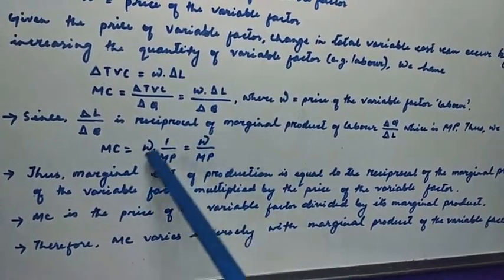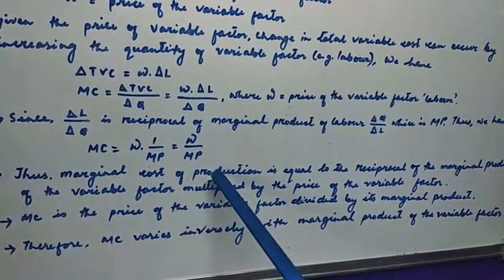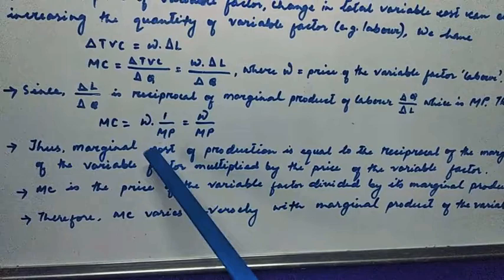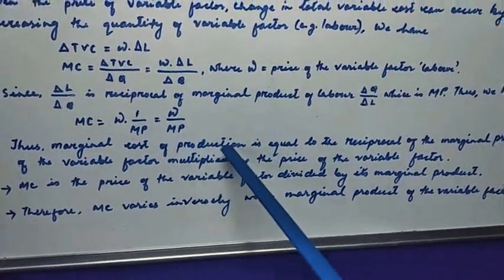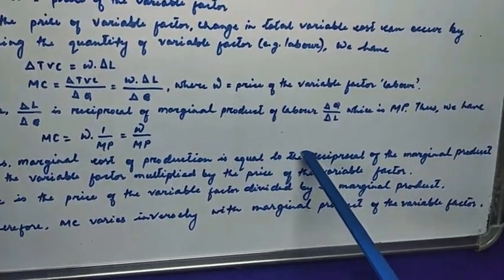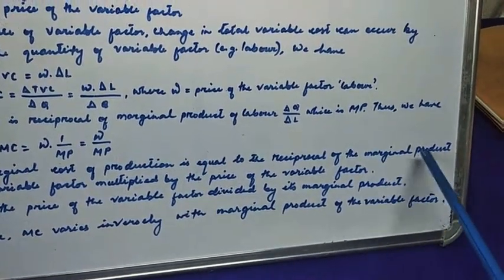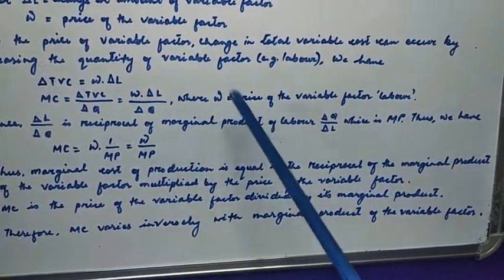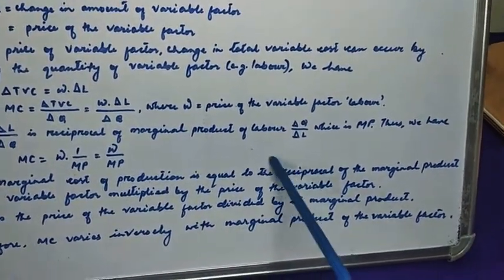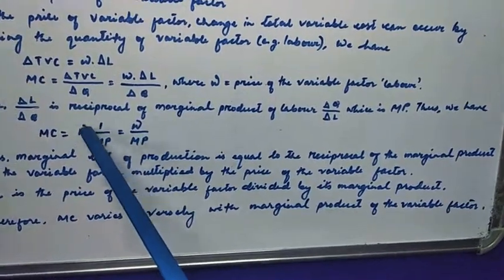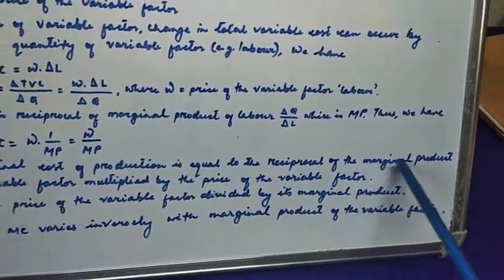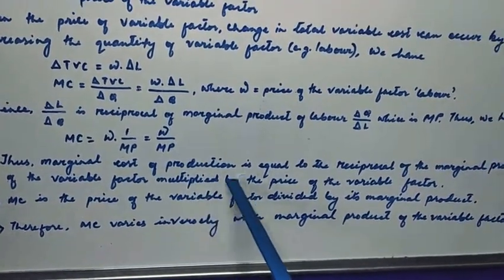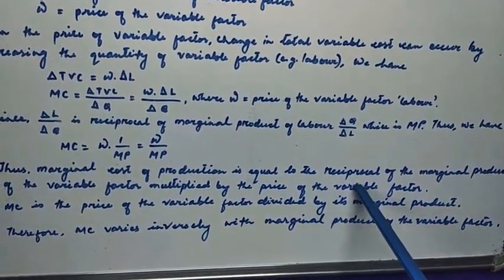This indicates that the marginal cost of production is equal to the reciprocal of the marginal product of the variable factor multiplied by the price of the variable factor.